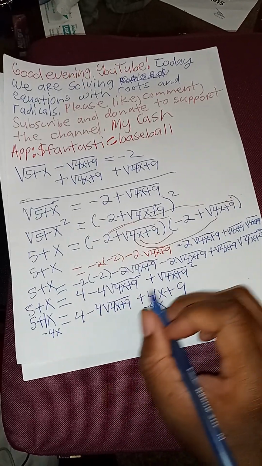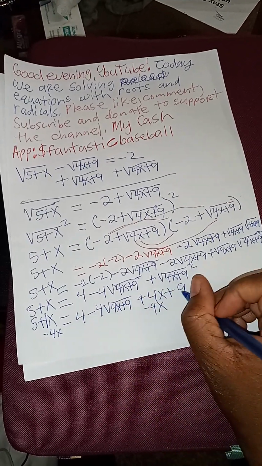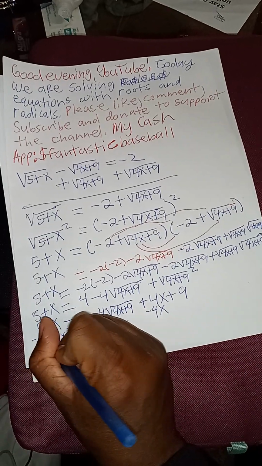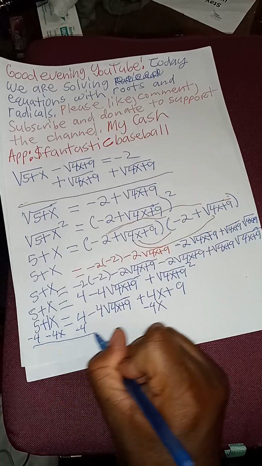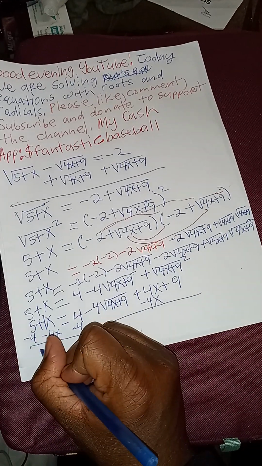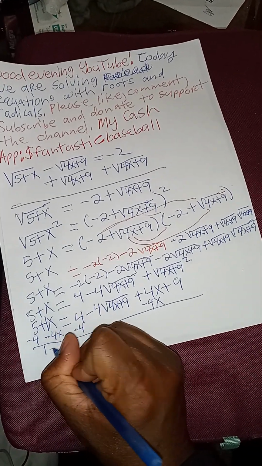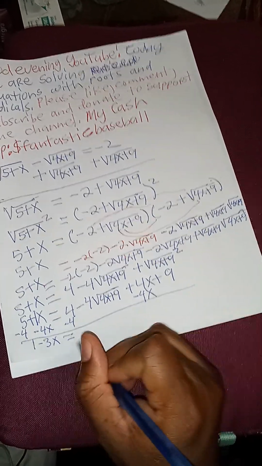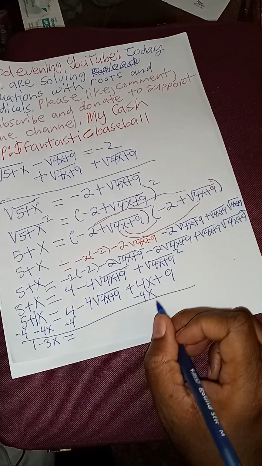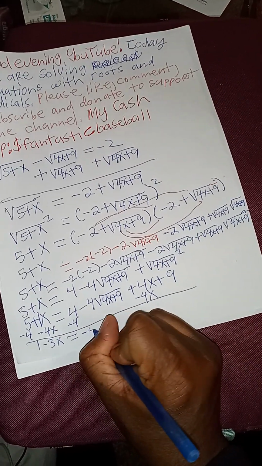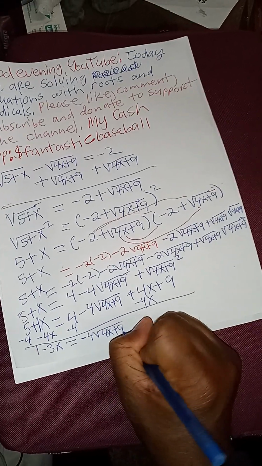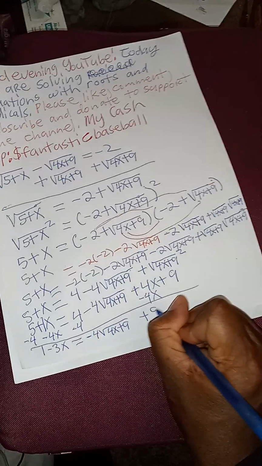And then we can subtract 4 to both sides. So that's going to leave us 1 minus 3x. 1x minus 4x is negative 3x, which will equal negative 4 square root of 4x plus 9, and then plus 9.